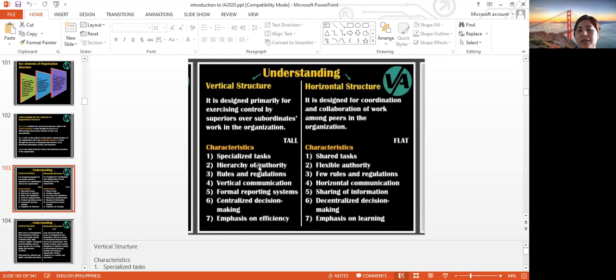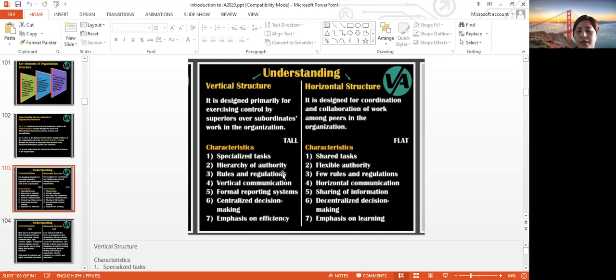Okay, hierarchy of authority. You will really see here the organizational chart in vertical structure. For example, the first one in the box is the CEO, followed by the coordinators in different departments, and after that, the subordinates or the members of the different departments.